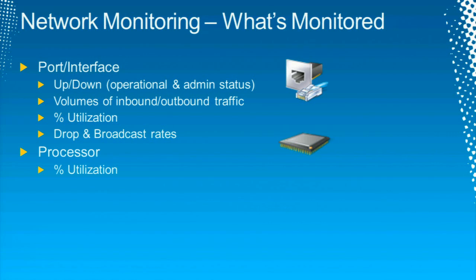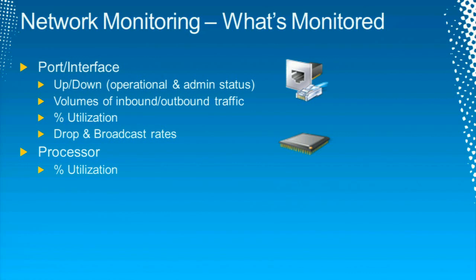Past that, on the actual devices themselves, we look at processor utilization. And this actually was fairly tricky to do because depending on the vendor, it's always some sort of a different metric that we have to look at. And so what we've done is we've looked at all the vendors that we do support, and we've overall holistically said, hey, this is how we're going to give you processor utilization, so that it makes sense and it looks the same, even though it may be pulled differently per device.